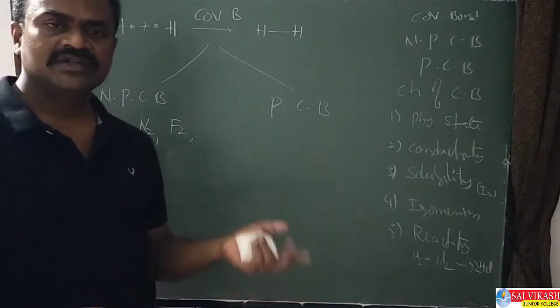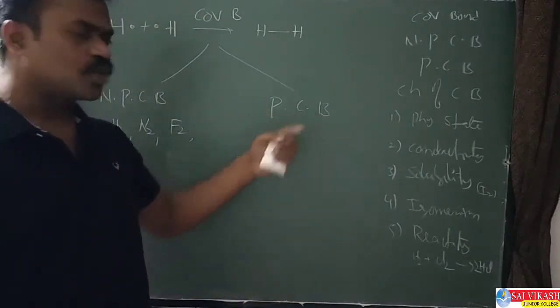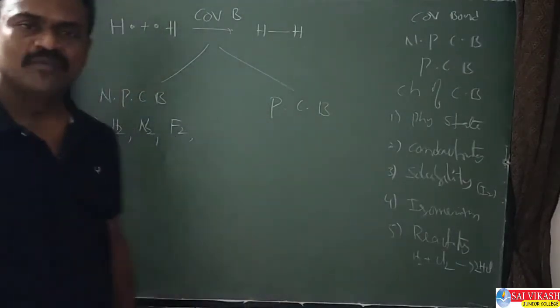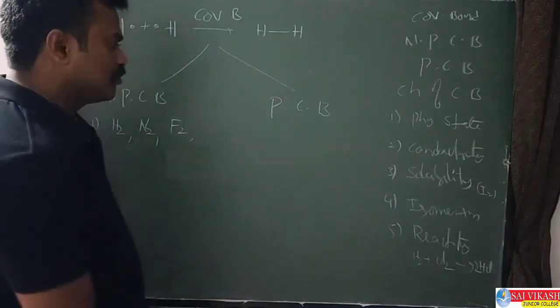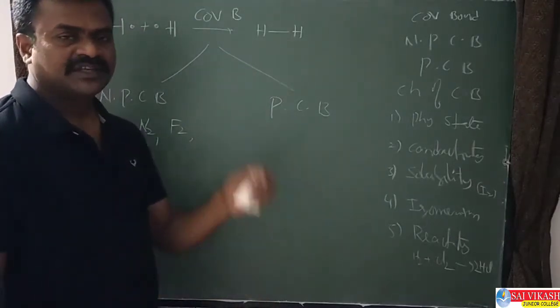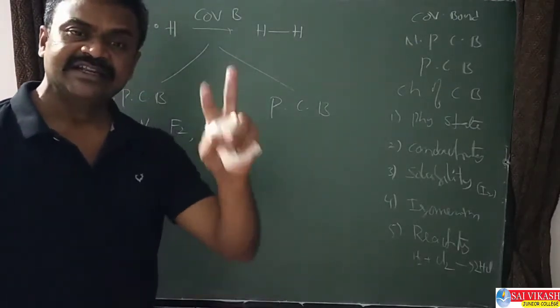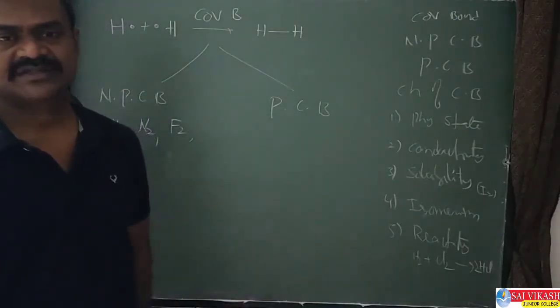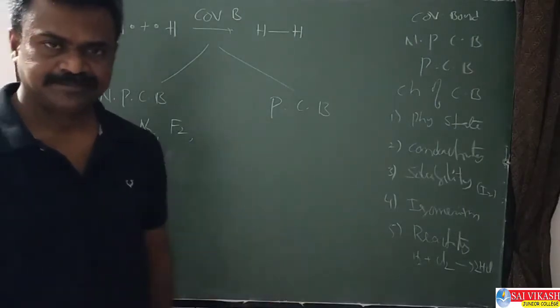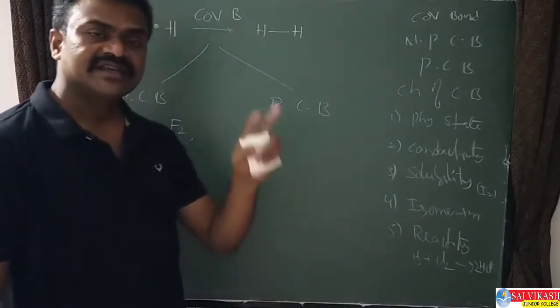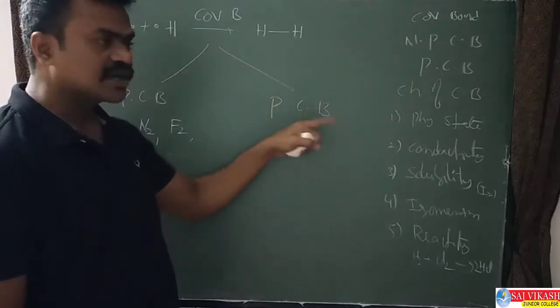So that is called a polar covalent bond. Polar covalent bond is the bond formed between two dissimilar electronegativity atoms, not the same.